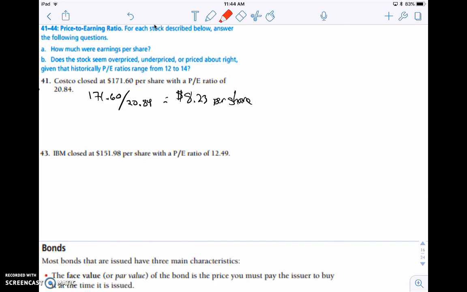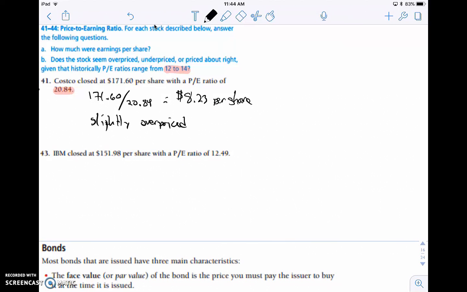Well, if it normally ranges from 12 to 14, and Costco currently has a price to earnings ratio of 20.84, then we're going to say that this stock for Costco is slightly overpriced, because our price to earnings ratio is currently higher than what it has been historically. So we would just say, based off of that, it's slightly overpriced.